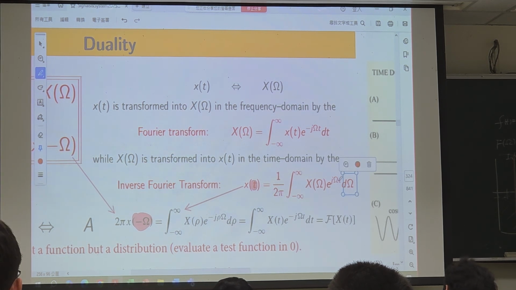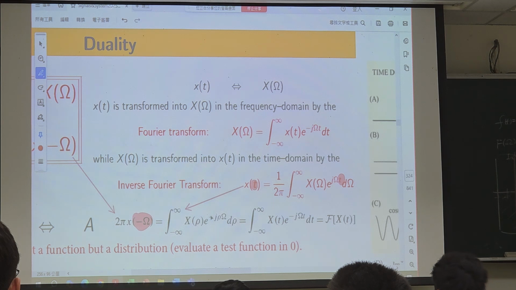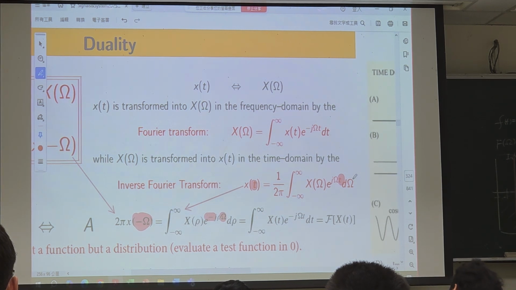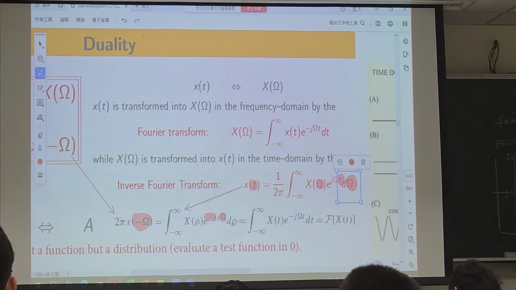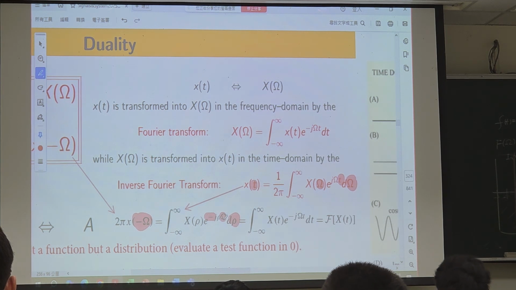So here the t is now replaced by negative omega, and the dummy variable omega is now replaced by rho, and this rho over here, and also rho.